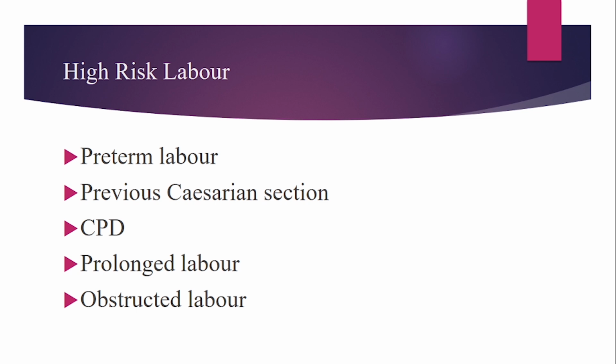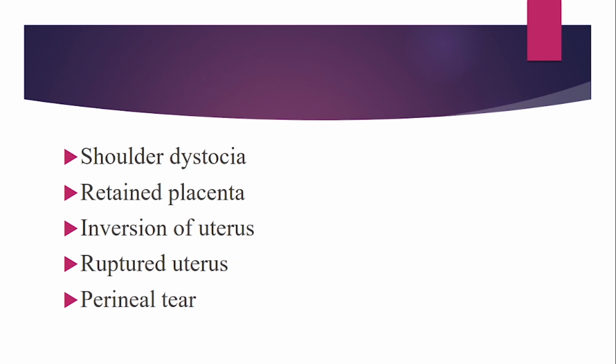The pregnancy needs to be closely monitored to determine danger signs that may affect the outcome of the pregnancy at any given point in time. Some of the other conditions we also need to take note of include previous history of delivery of large babies, particularly previous shoulder dystocia, retained placenta, inversion of uterus, or ruptured uterus.